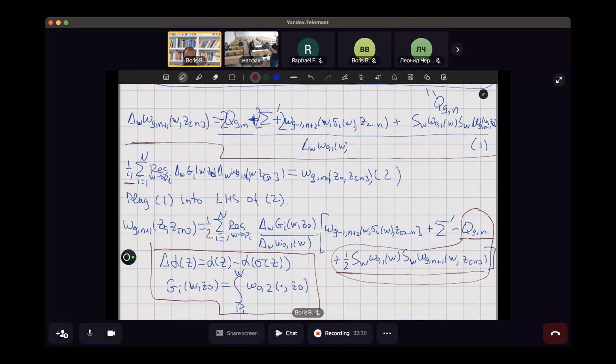Мы явно использовали, что здесь по крайней мере простой ноль, а здесь по крайней мере двойной ноль. Мне кажется, все было существенно использовано.